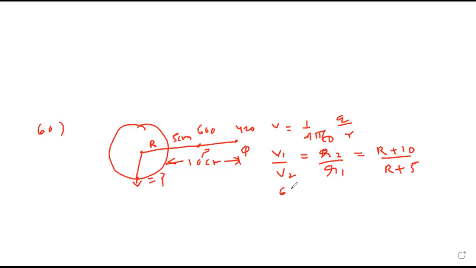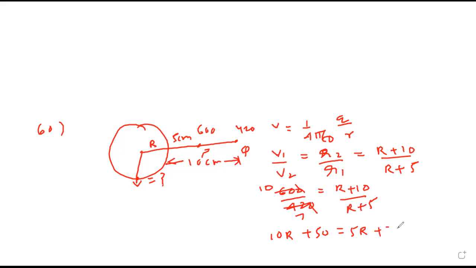V1 is 600, V2 is 420. So 10r plus 50 equals 7r plus 70, so 3r equals 20. That means r is 20 by 3.